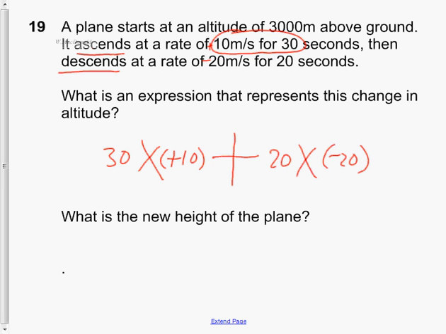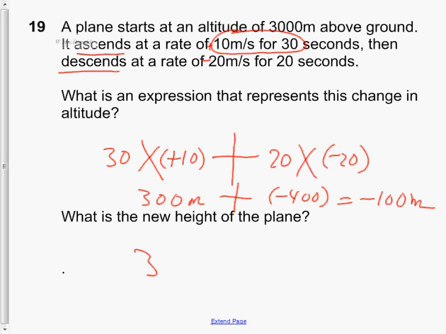Because essentially this first part means in the first 30 seconds it went up 300 meters, and in the next 20 seconds it went down 400 meters. So overall, during those 50 seconds, it went down 100 meters from its starting place.